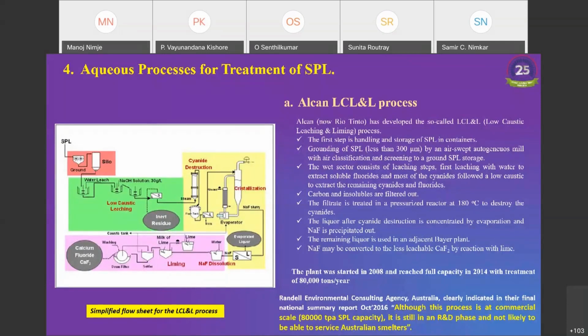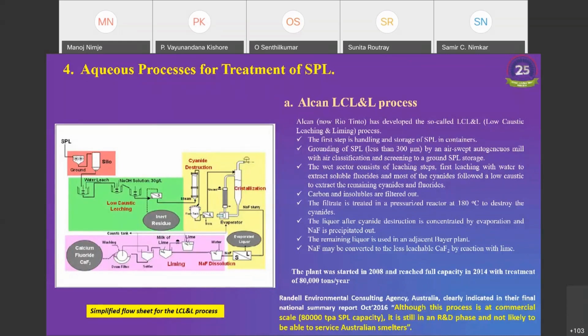The carbon has a high calorific value, but due to higher economics and technical difficulties, the Randall Environmental Consulting Agency of Australia clearly indicated in their final National Summary Report of October 2016, the quote is that although this process is at commercial scale, it is still in an R&D phase and not likely to be able to service Australian smelters.